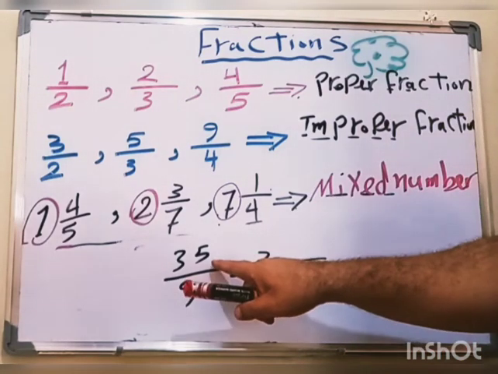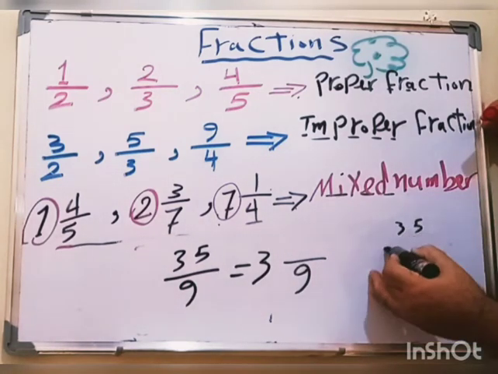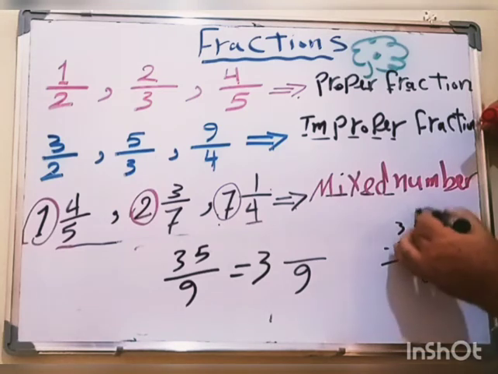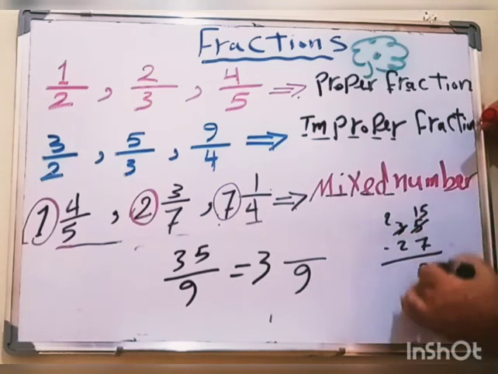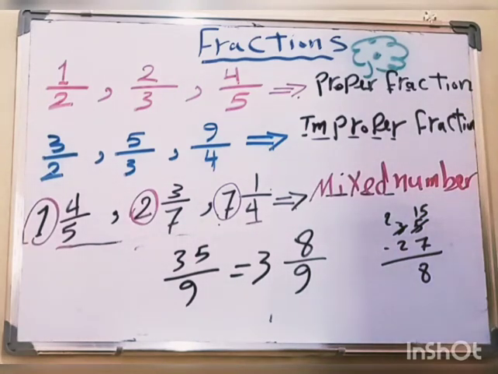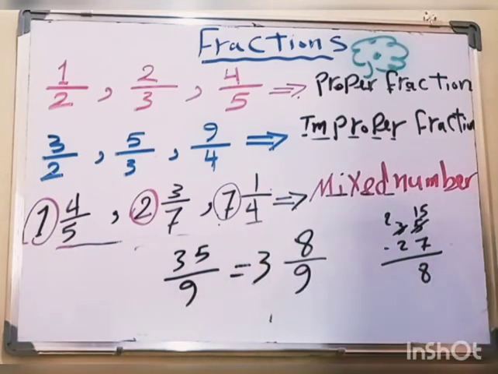Then subtract 27 from 35. 35 minus 27. 5 becomes 15. We know that. 15 minus 7, 8. Then put the difference between the result and the numerator in the numerator, and the 3 represents the whole number.